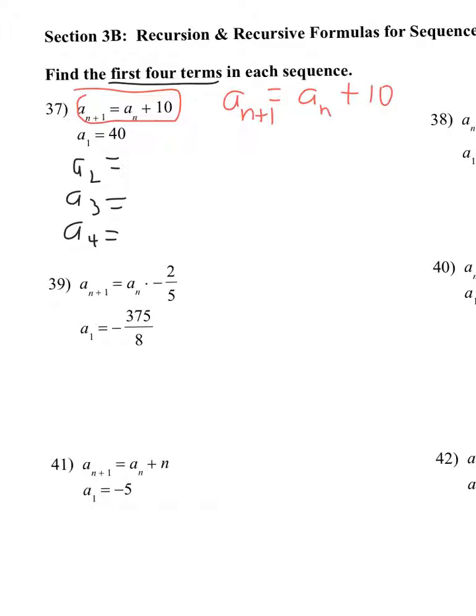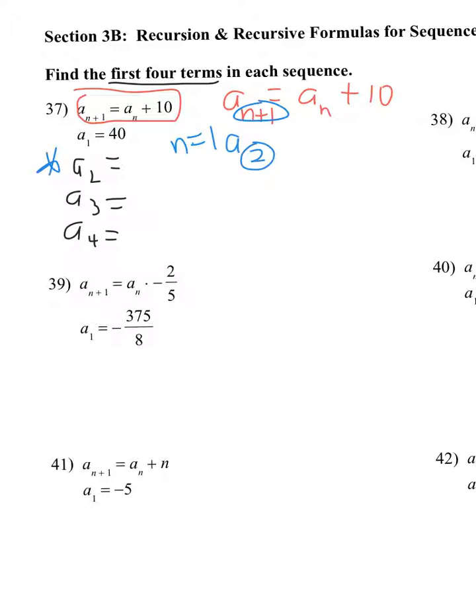So the first thing I need to find is A2. So I'm going to write A2 right underneath here. Now you kind of need to think about the subscript here. The subscript is n plus 1. Well, we have to get 2 down there. So you want to think of what n is in this particular stage when we're trying to find A2. Well, what plus 1 would equal 2 and give me that 2 down there in the subscript?